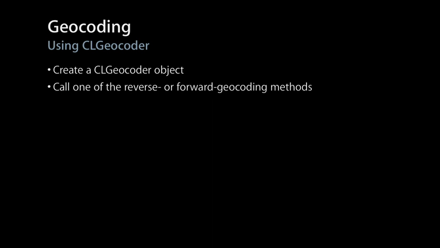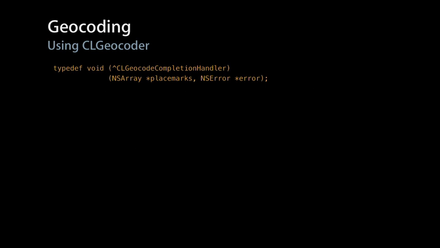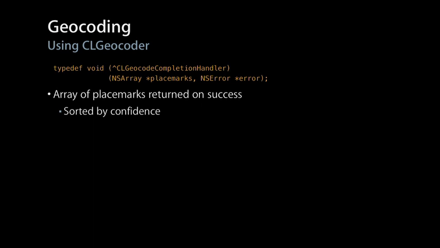So how do you actually use CLGeocoder? Well, first, you create a CLGeocoder object, and then you call one of the reverse or forward geocoding methods. These methods include a completion handler that you define so that you can execute some code once the geocoding request has returned. The completion handler is in the form of a block, and this handler will return an array of CLPlacemarks on success, and these are sorted by confidence.